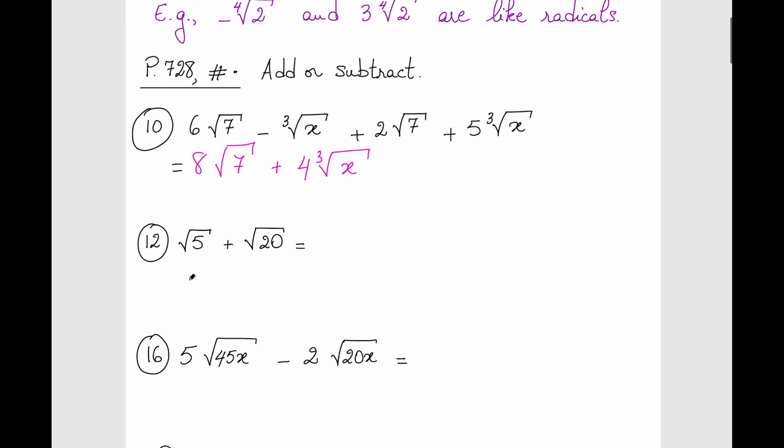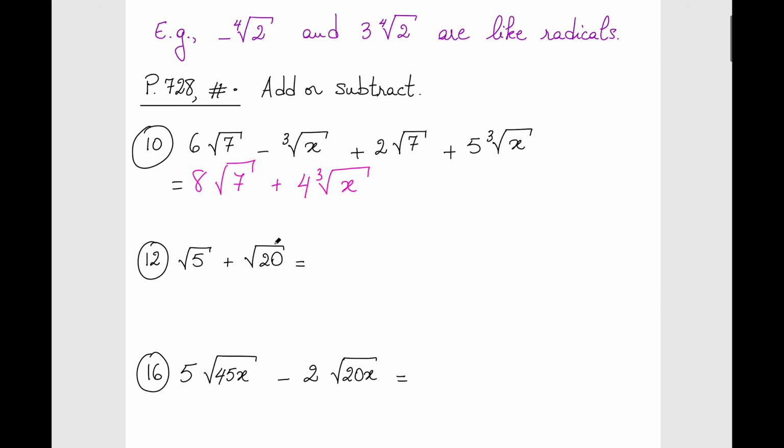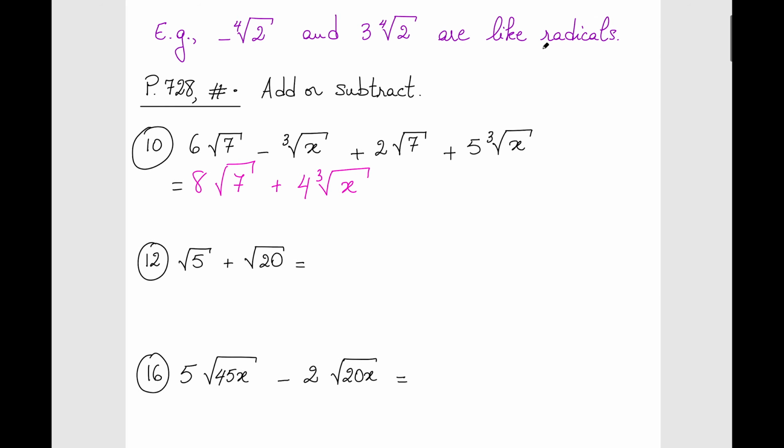Number 12. It looks like these two are not like radicals and hence I cannot add. Well, it's true I cannot add yet, but I can simplify before I realize that there may be like radicals. Okay, so let's simplify.